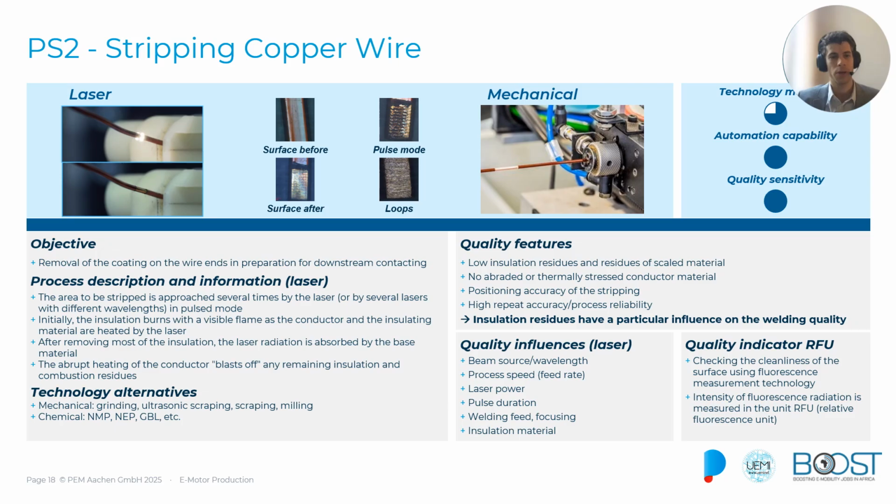The stripping is usually done using mechanical tools like milling or laser tools that precisely strip away the insulation without damaging the copper underneath, like also shown in the picture.